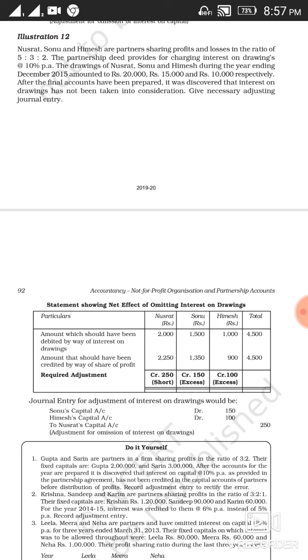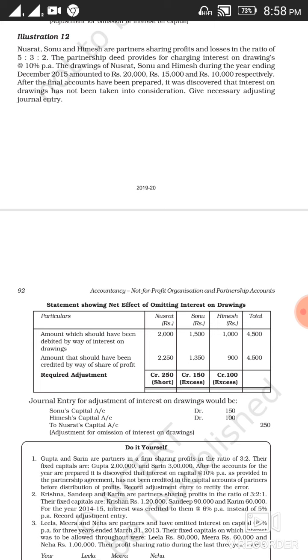Now here you have to calculate interest on drawings. Clear? Now how are you going to do the adjustment entry for the same? The drawings made during the year amounted to rupees 20,000, 15,000 and 10,000 respectively. So here you are going to calculate the interest on the drawings.